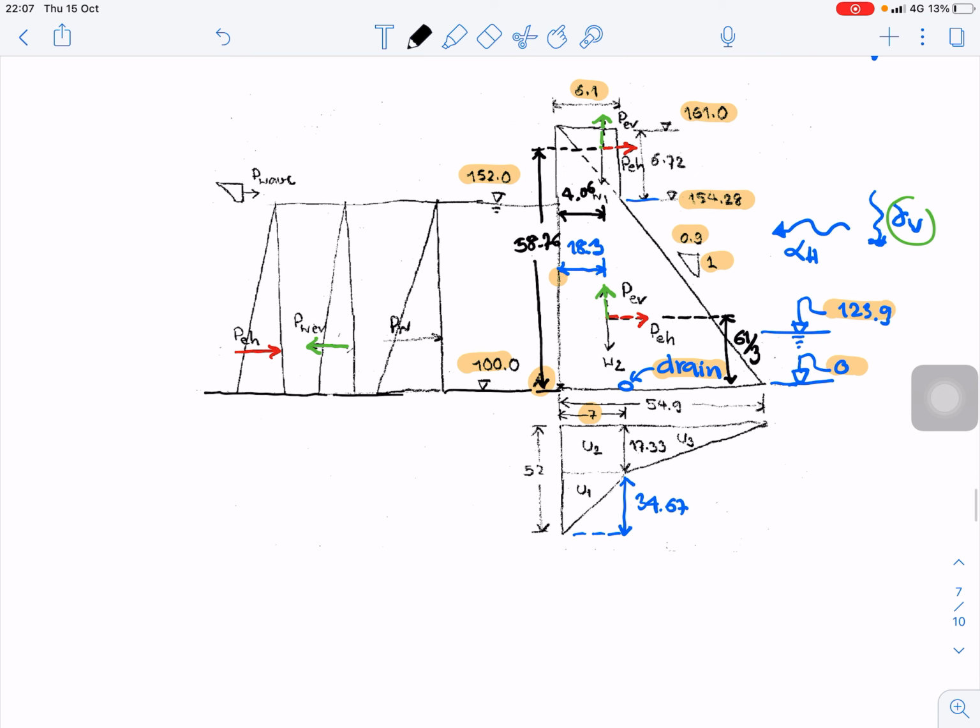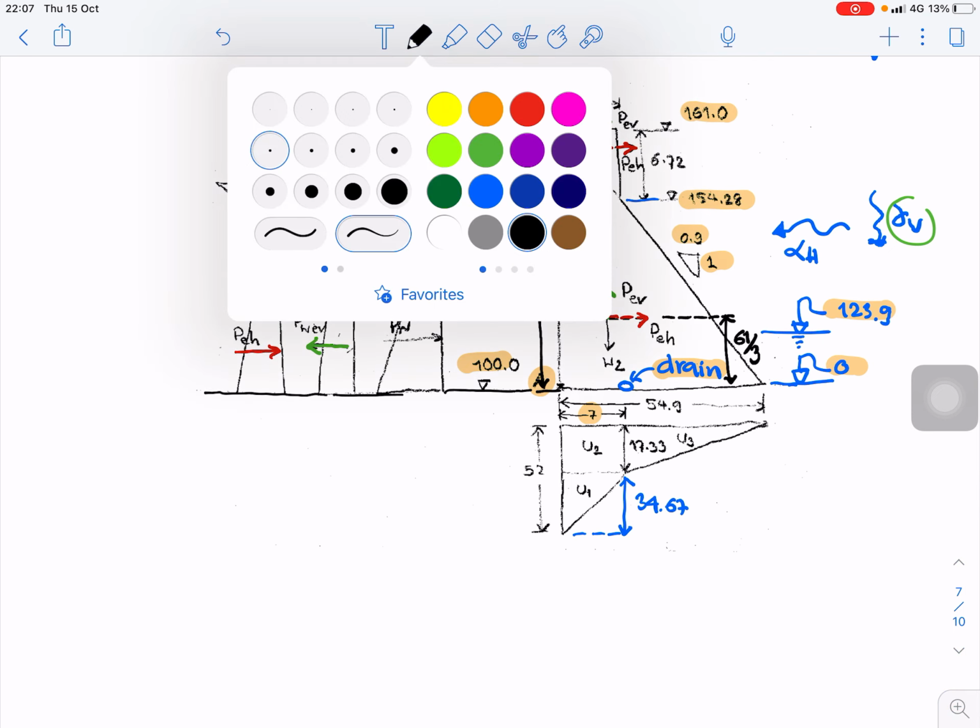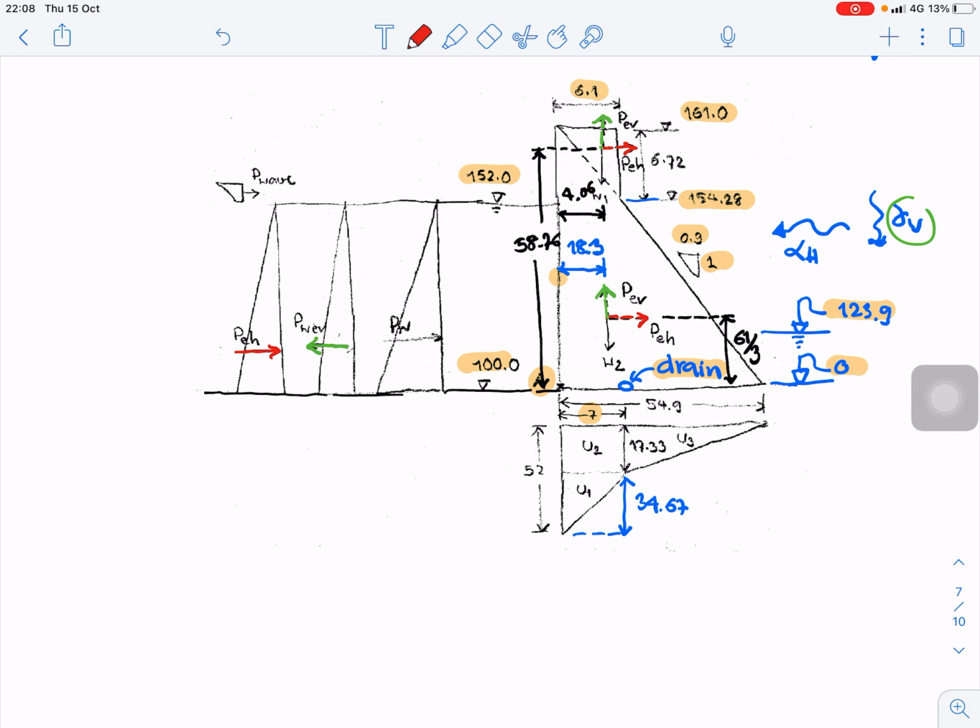And in this case, if we write the forces U1, U2, and U3, U1 is 7 divided by 3, and U2 is 7 divided by 2.